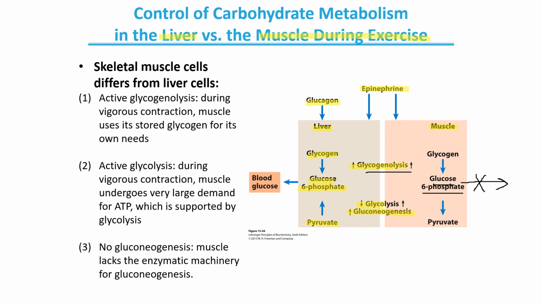Glycogenolysis will increase, so we break the glycogen into glucose, but instead of gluconeogenesis, which can produce glucose from pyruvate, there is no effect on gluconeogenesis here. Instead, glucose 6 phosphate will go down to pyruvate, which is glycolysis. So an increase in glycolysis is shown here because that is what we want.